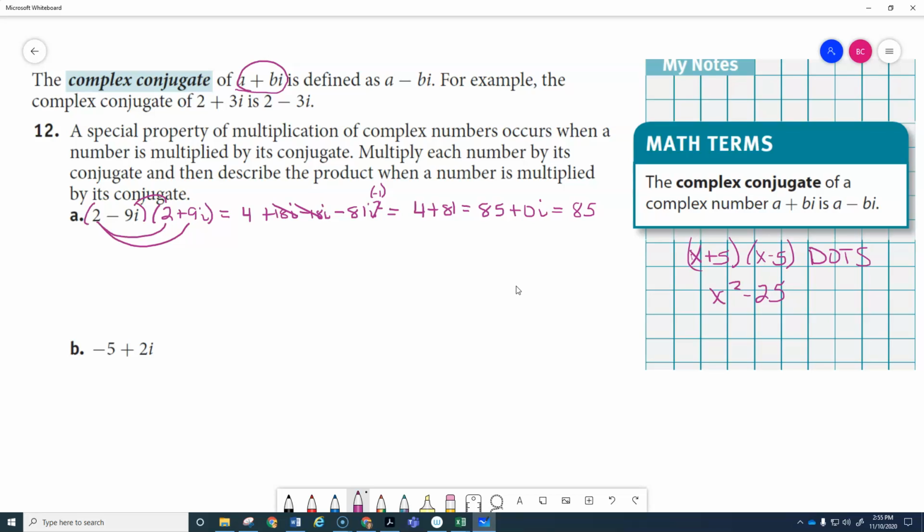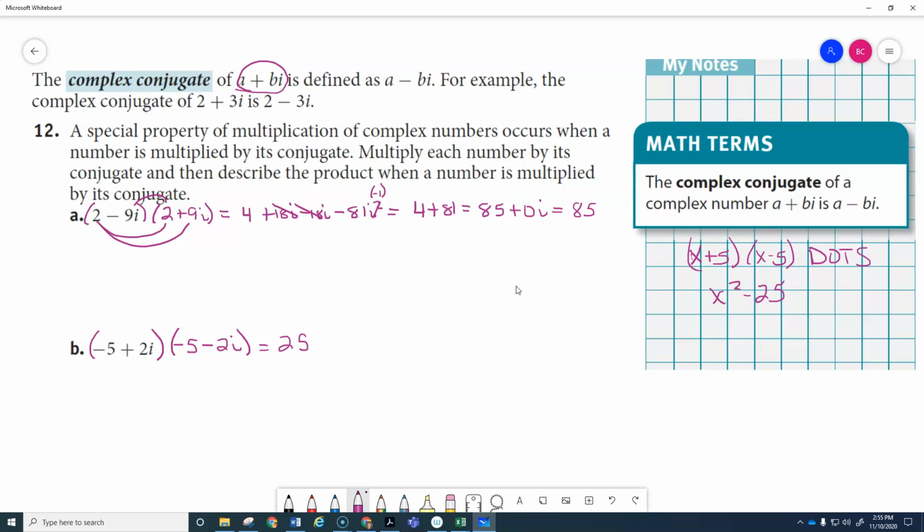What about this one? Be careful with this one. The conjugate of this one has negative 5. I don't change both signs. See, this 2 is positive, that 2 is positive. That first sign stays whatever it is: if this is negative 5, this is negative 5. But the second sign changes. If this one's positive, this one's negative. 5 times 5 is positive 25.